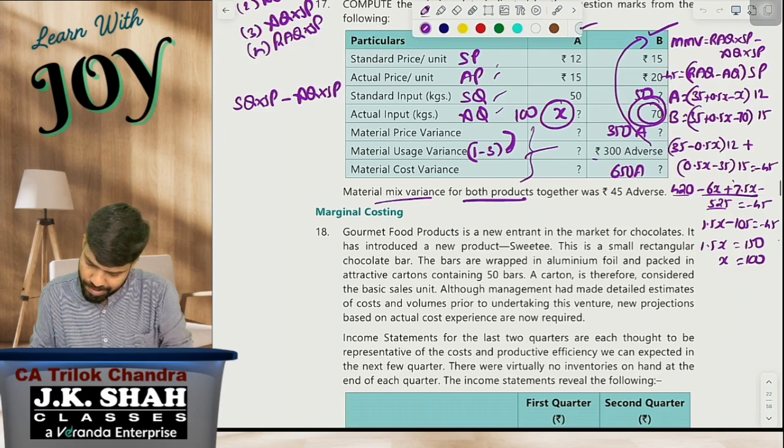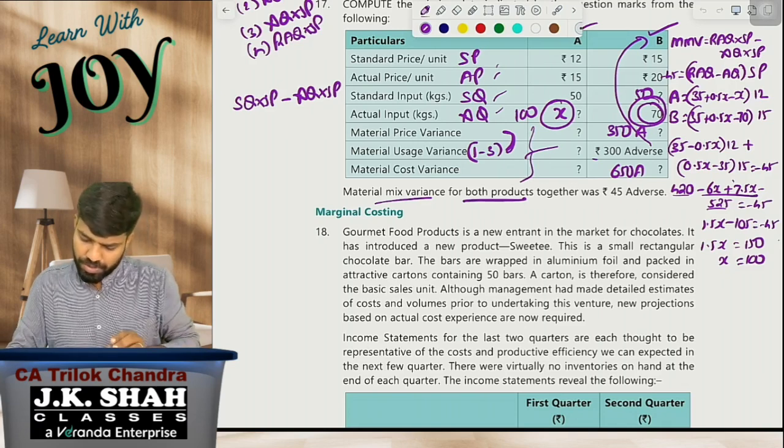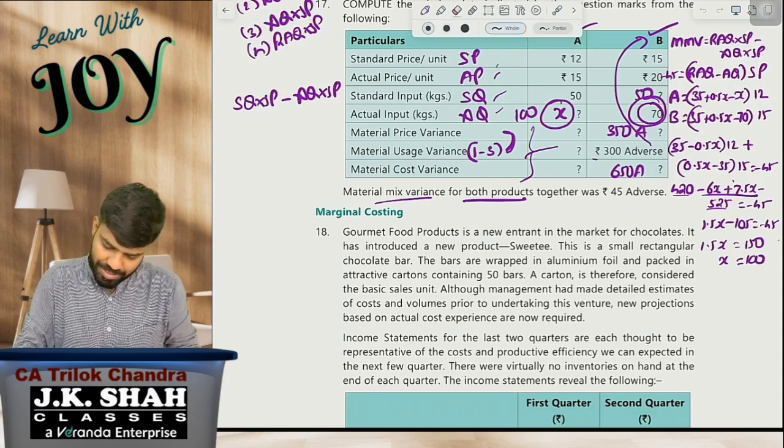35 plus 0.5x minus x into standard price 12. Oh, we have taken, oh my god, this is the mistake.